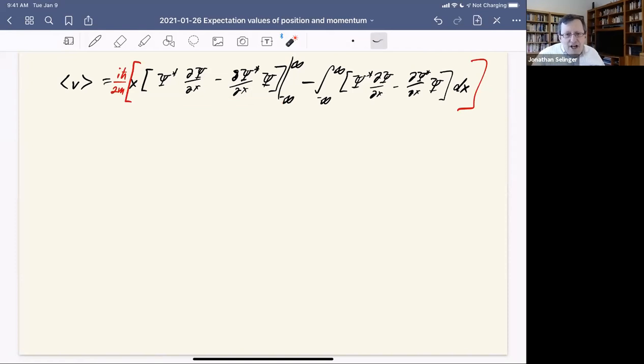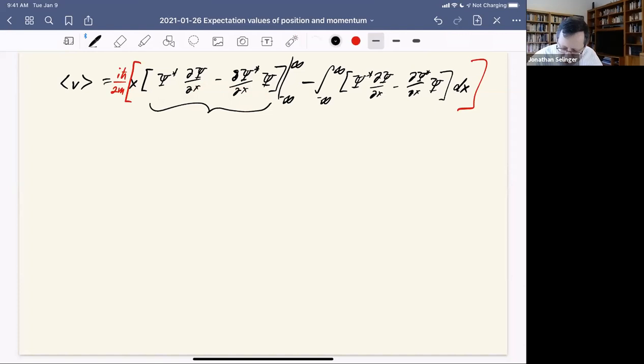What I tried to convince you yesterday was that the only way that psi can be normalized is if psi and psi star both go to 0 really rapidly as x goes to plus or minus infinity. So these things have to go to 0. Of course, the x is going to infinity as x goes to infinity, but let's assume that these things go to 0 really rapidly, more rapidly than 1 over x, so that the product goes to 0.